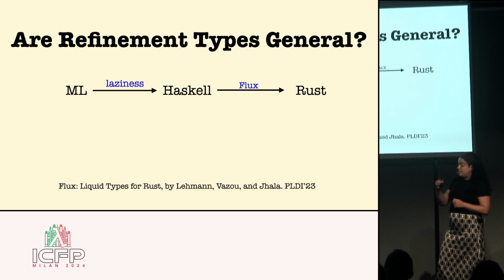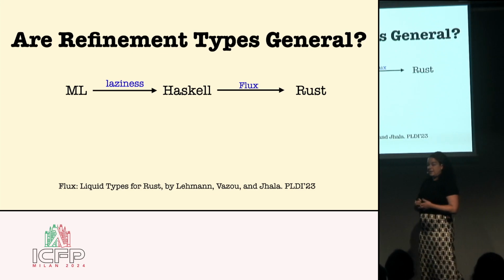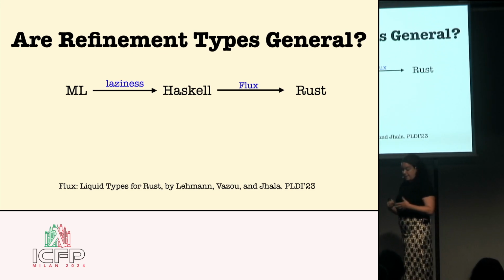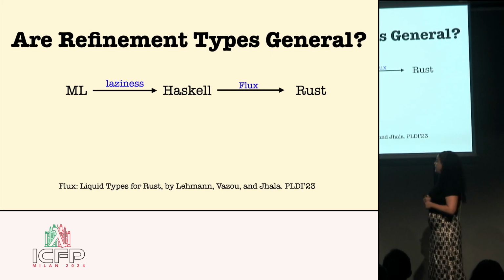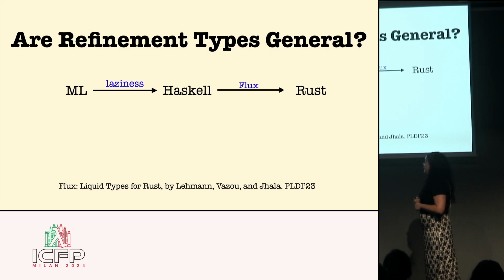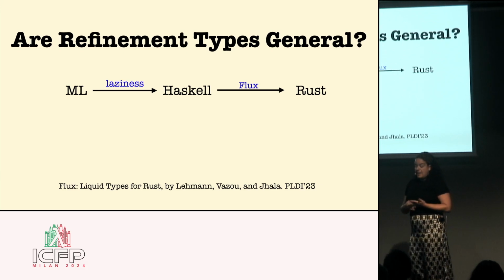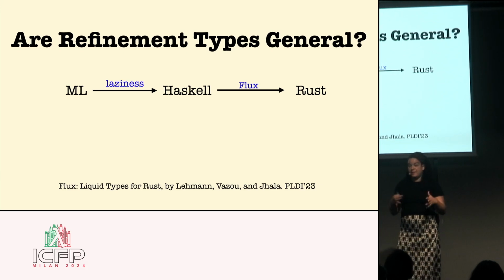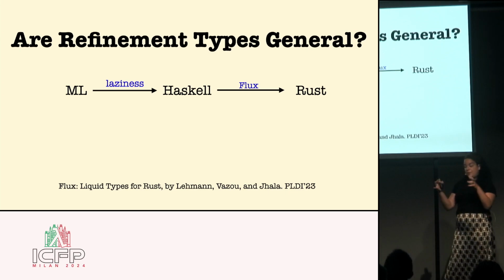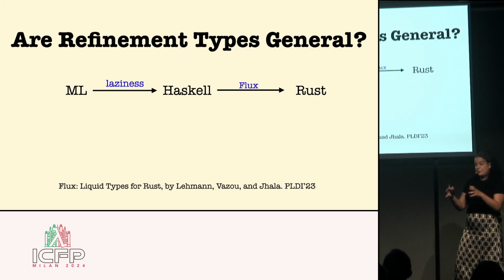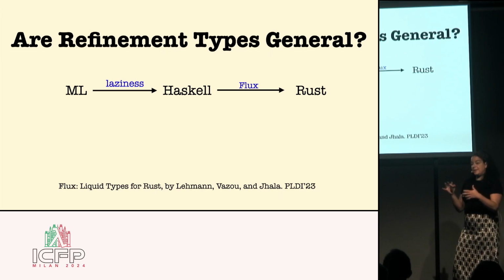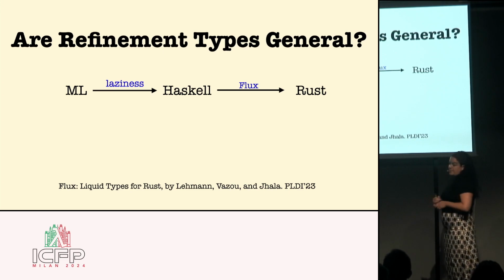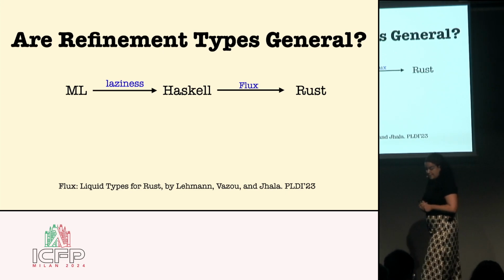After that, there are many refinement type systems that are designed for various programming languages. At last year's PLDI, there was Flux, which is liquid types for Rust. There, again, the same notions applied when it came to Rust's core calculus, but then we needed to think a lot about how to adjust refinement types to reason about Rust's memory system, right?